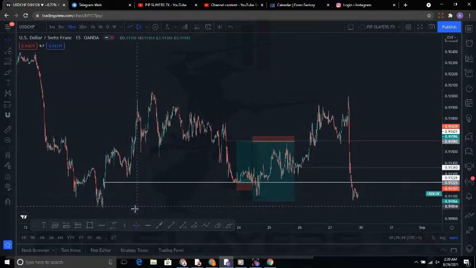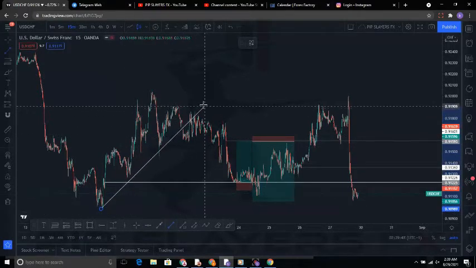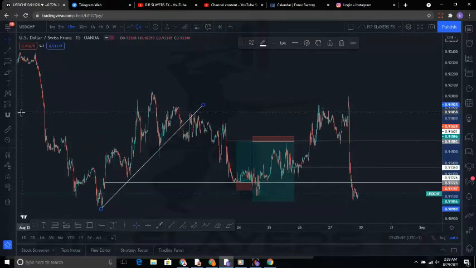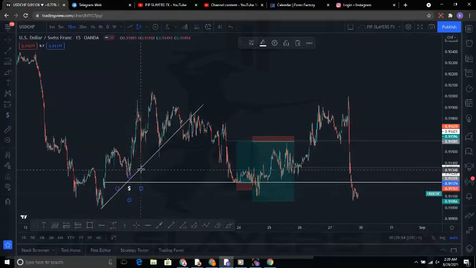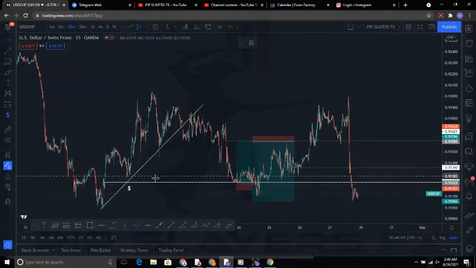But looking at this as well, we have retail trend line right here with a lot of pocket of money resting below this trend line.